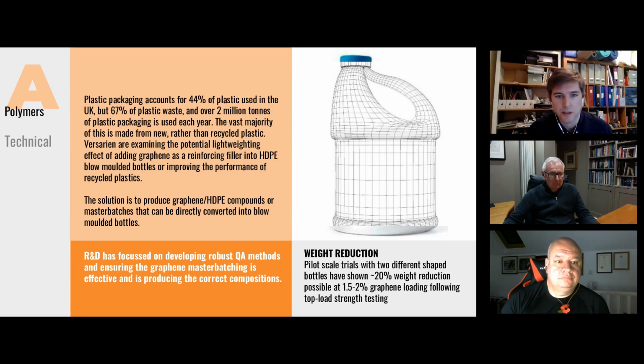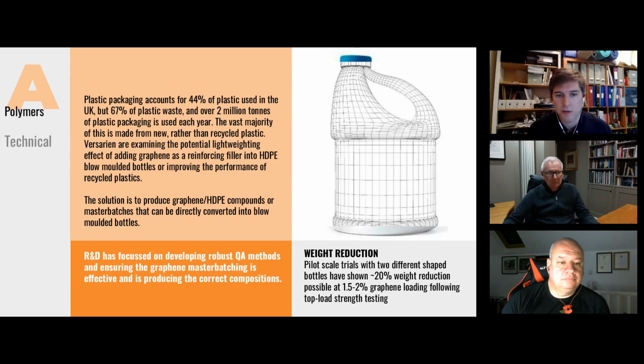So we've been working over the last couple of years with two big customers on lightweighting plastic containers, and we've seen quite impressive results. We've achieved 20% lightweighting, but now we're looking at how we fit into these supply chains. So, again, getting out of the lab into the real world, scaling up into larger scale facilities where we can actually demonstrate production of high concentrated graphene master batches.